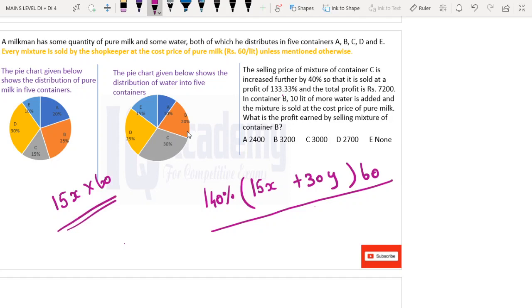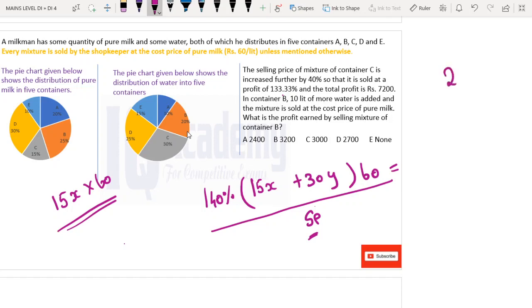So this is the present selling price, and this will be equal to the selling price at a profit of 133.33%. If you are selling it at a profit of 133.33%, what will be the selling price?